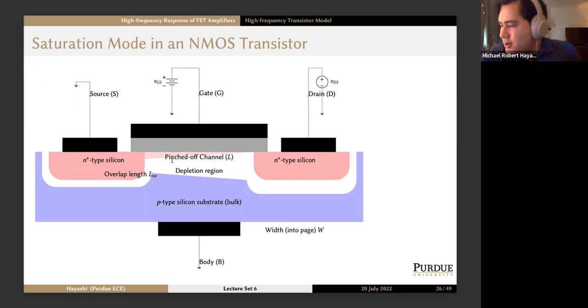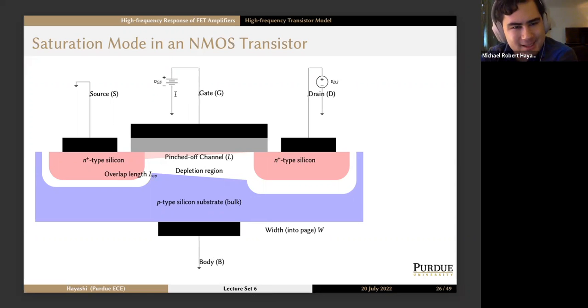However, there's hardly any interaction between the gate and the body or between the source and the drain. So we only really need 4 capacitances to fully characterize this. We're going to need CGS, CGD, CSB, and CDB. So gate to source, gate to drain, source to body, and drain to body capacitances.